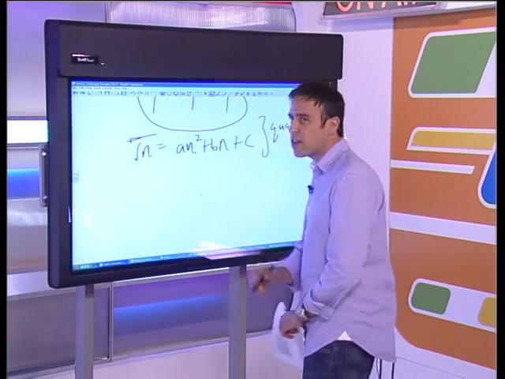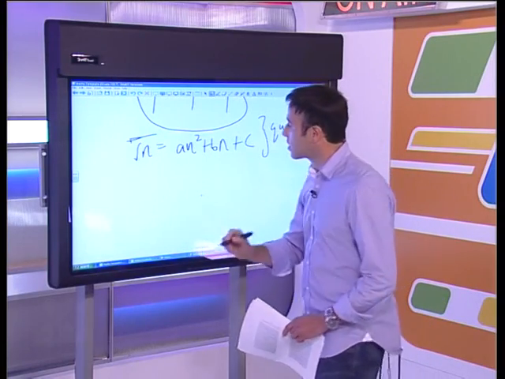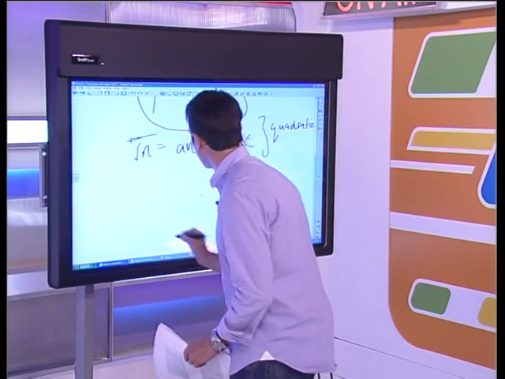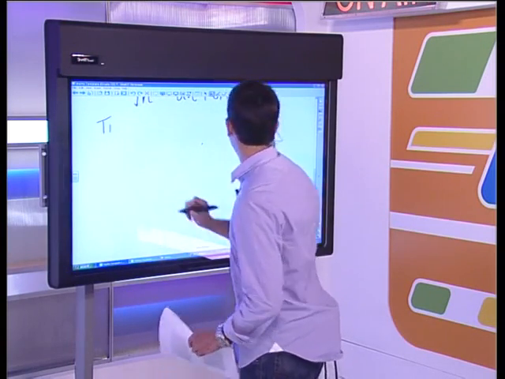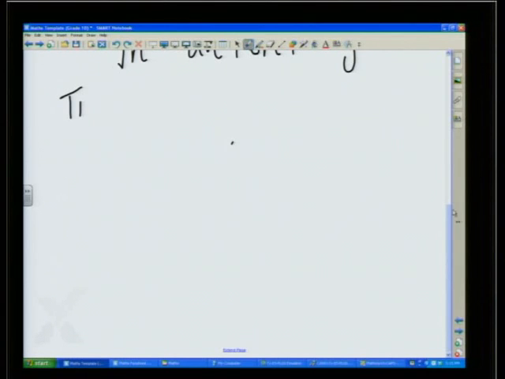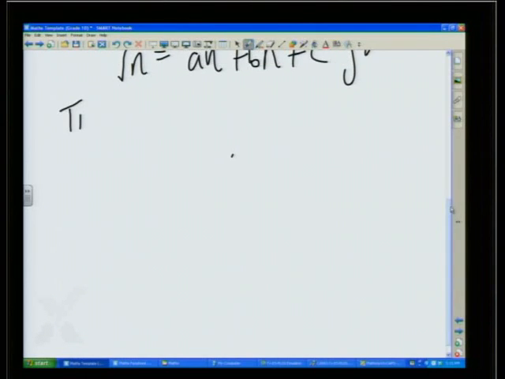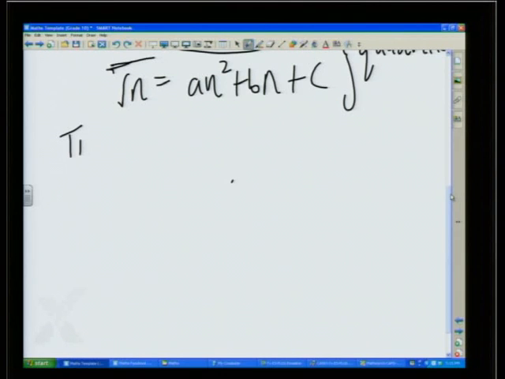Now if I then substitute for n, I know that my first term is given by T1. T1 means wherever I see an n, I'm going to substitute a 1. 1 squared is equal to 1, so I have 1a plus 1b plus c.